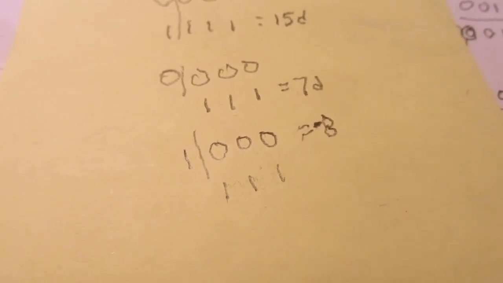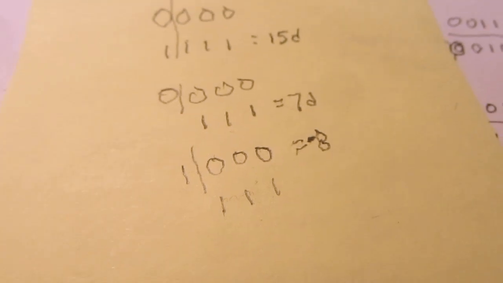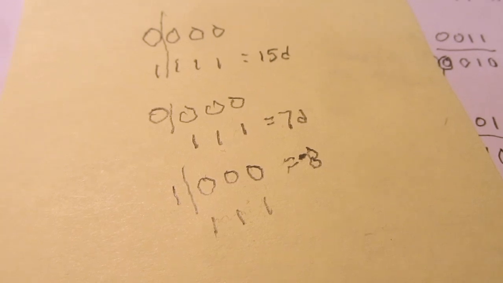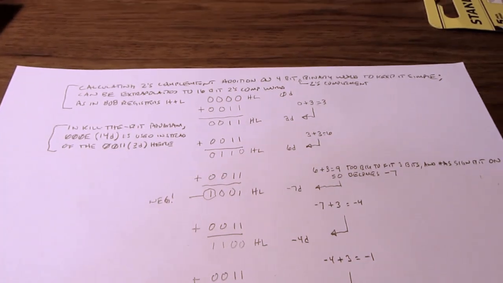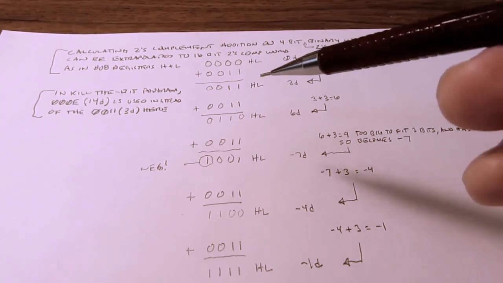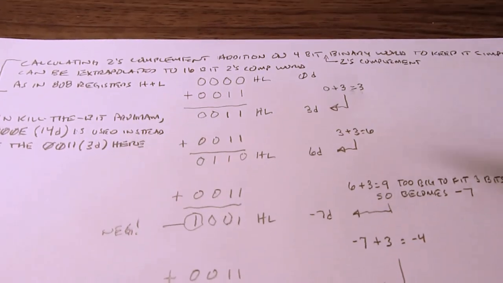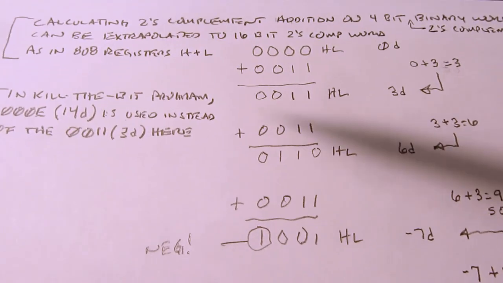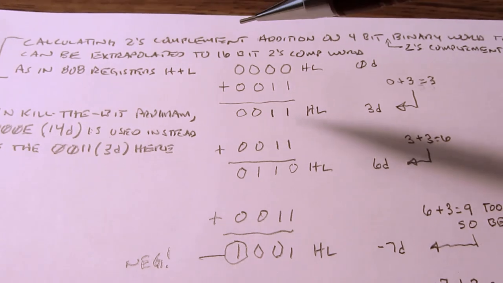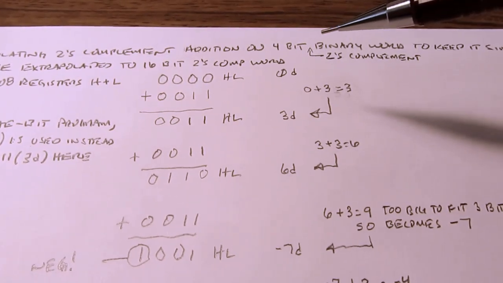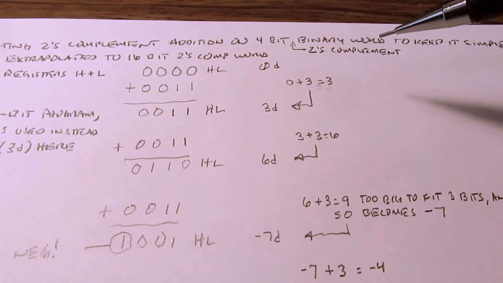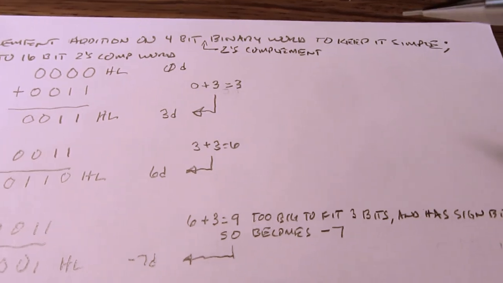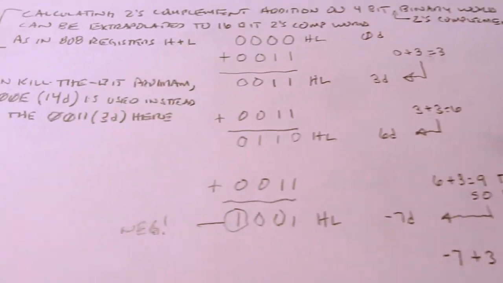we analyze what's going on with the continued incrementing or increasing of the H and L registers while in a 2's complement math environment. To illustrate that a little better, I've done an exercise here using only 3 bits, just to keep it simple and not have to do too many iterations. I wrote here on my sketch, calculating 2's complement addition on a 4-bit 2's complement binary word, which is really 3 numerical bits and a sign bit, to keep it simple.